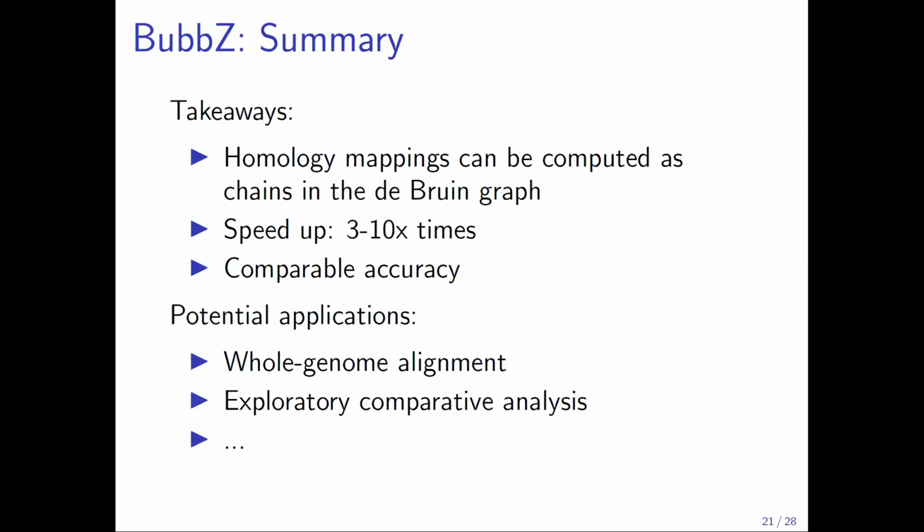And it has potential applications in whole genome alignment and exploratory comparative analysis. Whole genome alignment is especially one of the applications where such mappings of everybody against everybody is needed, and it was basically one of the main motivations for developing BUBs for us.